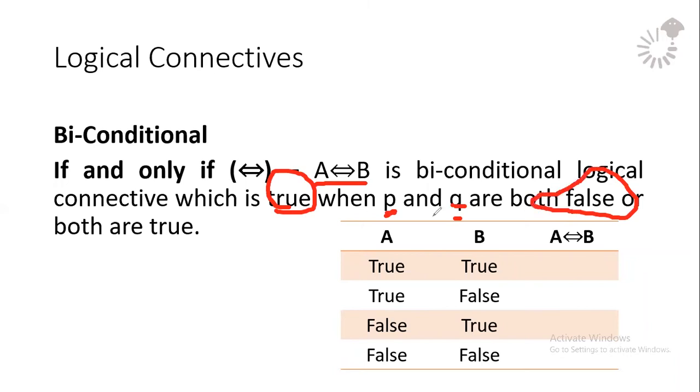When both are false, it is true. When both are true, it is also true. Both true, true. Both false, true. Not the same, false. Okay? So that is the biconditional statement. Follow? Follow, ma'am. Okay, thank you. Next.